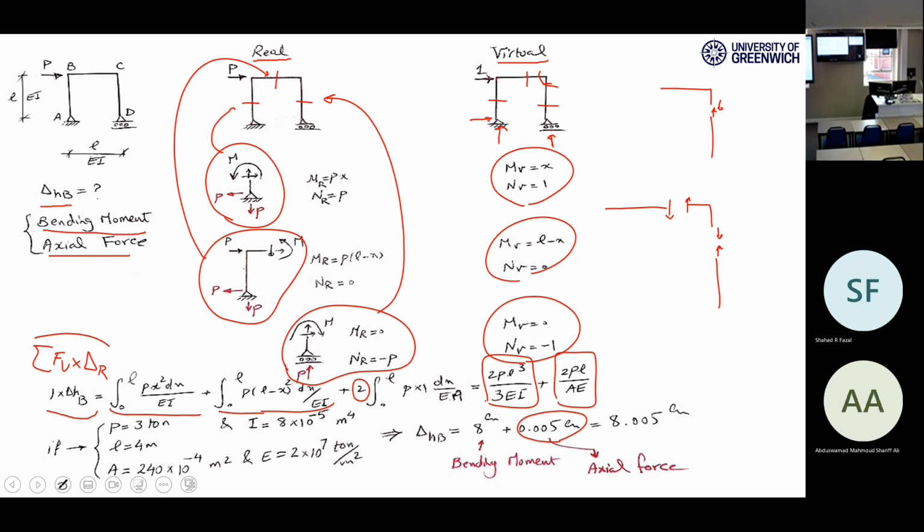These are the same thing. The axial force in the column is the shear in the beam, and vice versa. The axial force here is shear here, because of the 90-degree connection of the beam and column.